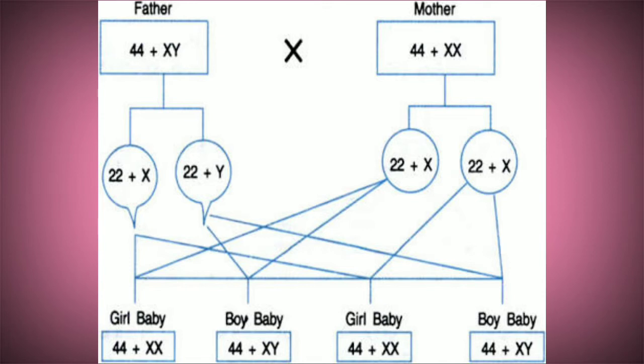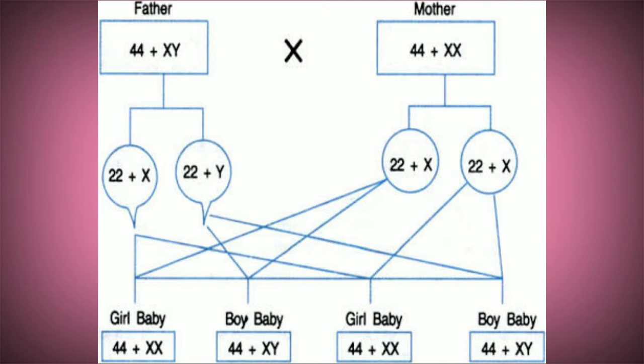Then let's see the other chance, that is when 22 plus X, as we know females are homogametic, fuses with the sperm bearing 22 plus Y. So these 22 are the autosomes, and as you know in case of gametes the number becomes haploid, so 44 becomes 22.